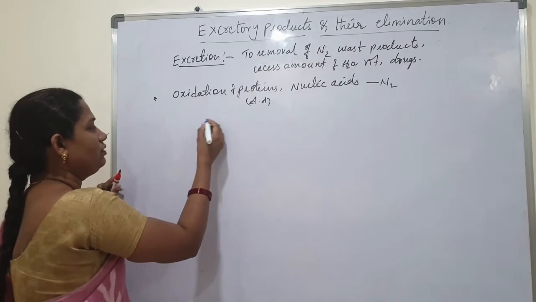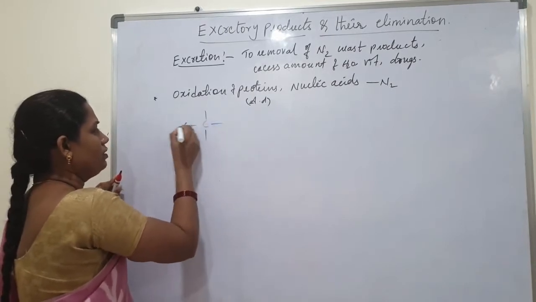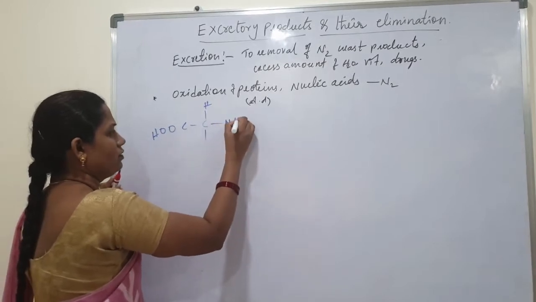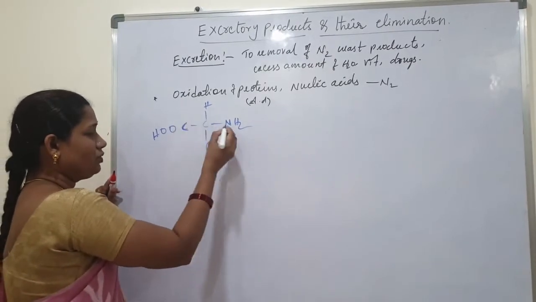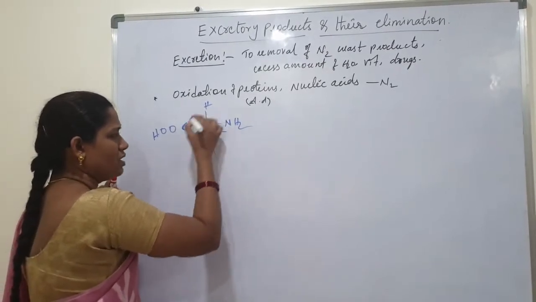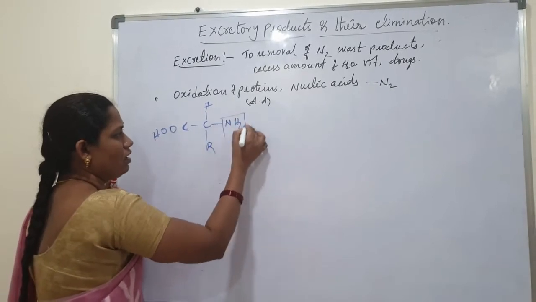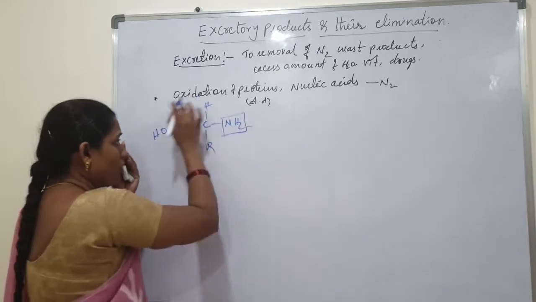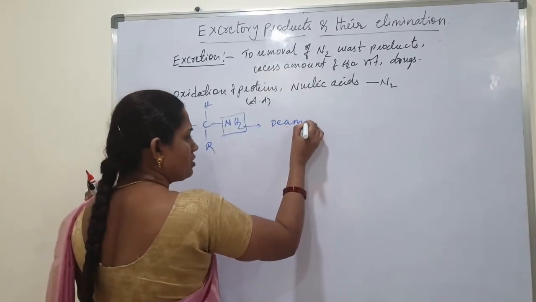So generally, for example, this is one amino acid. In this amino acid, this is the amino group. The amino group is separated from this group. This process is called deamination.